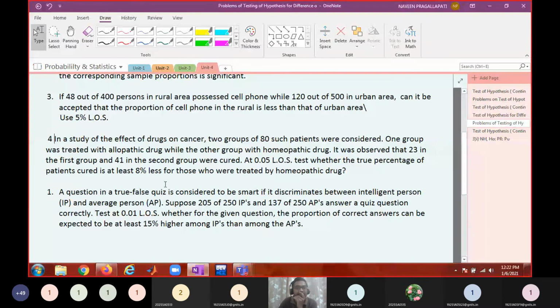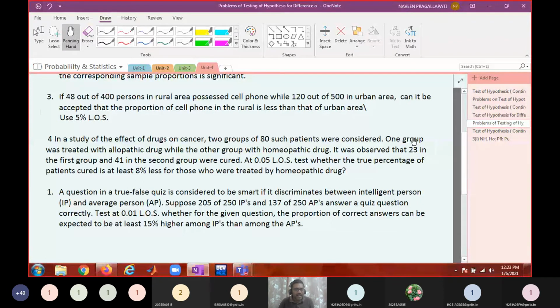One is homeopathic, the other is allopathic. Both sample sizes are 80 only, no?